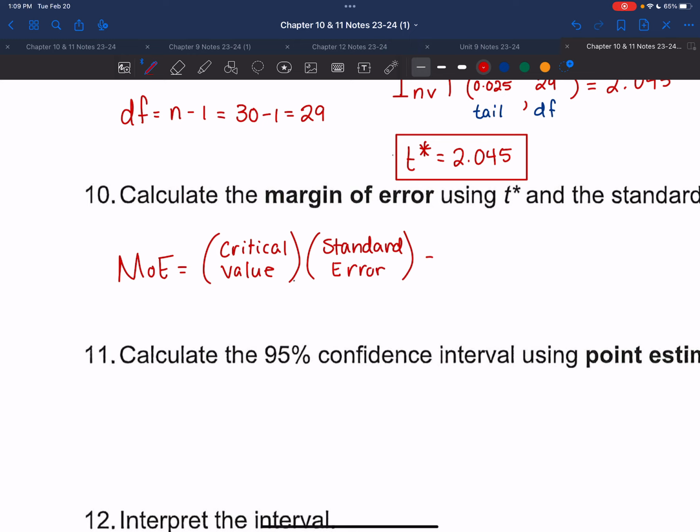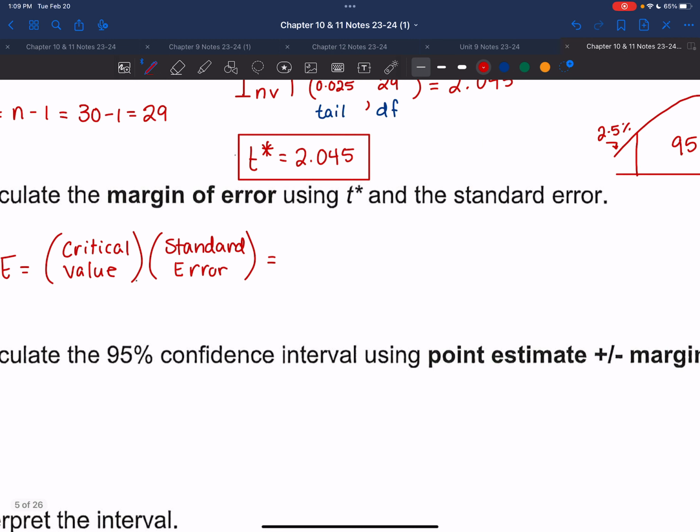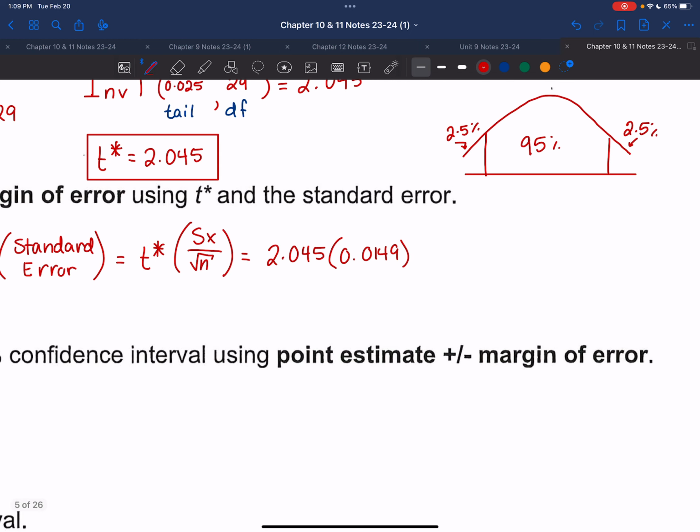In symbols, it'd be T star times S x over root n. We already calculated T star is 2.045. Our standard error was 0.0149. So our margin of error is going to be 0.0305.